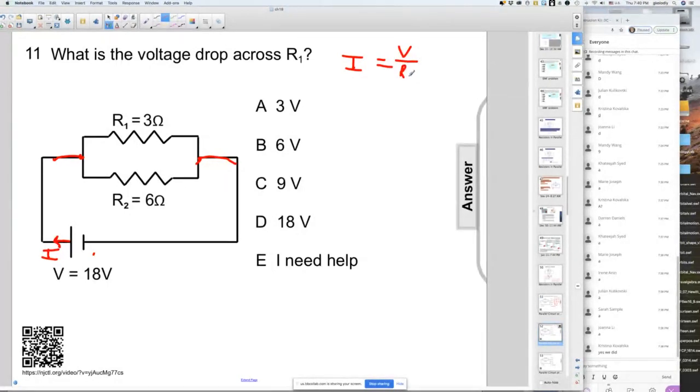Our total is equal to 2. The total voltage is 18. So 9 amps. 9 amps comes out over here, and that 9 amps comes in here.